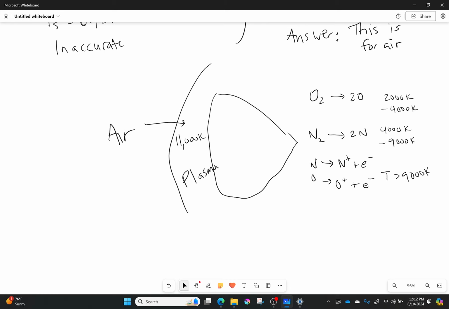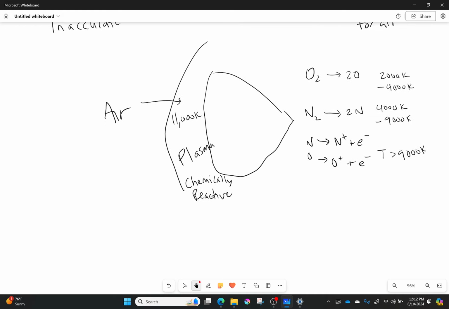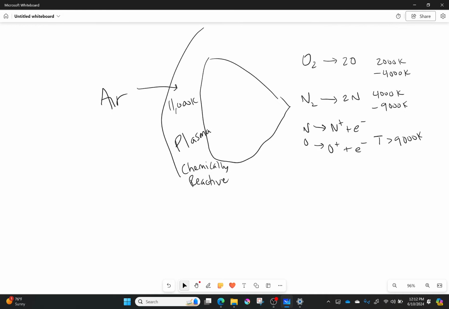And even at lower speeds, I still have a flow that is now chemically reactive. Because that nitrogen and that oxygen, they want to react now because they've broken apart. They went from their stable molecules to unstable single atoms.